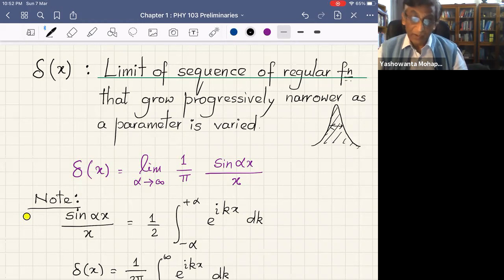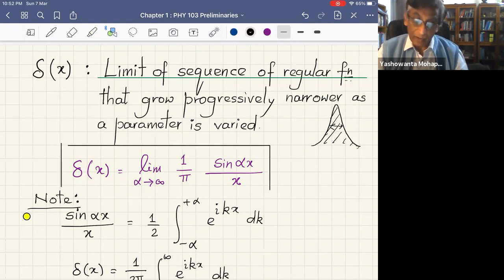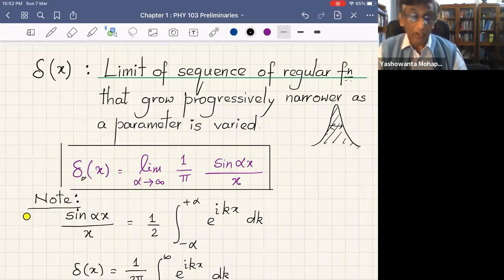Let me illustrate that. For example, delta(x) can be considered to be a sequence, let's say delta alpha(x), with alpha tending to infinity, of sine(alpha x) by x. This 1 by pi is such that it makes the integral 1.